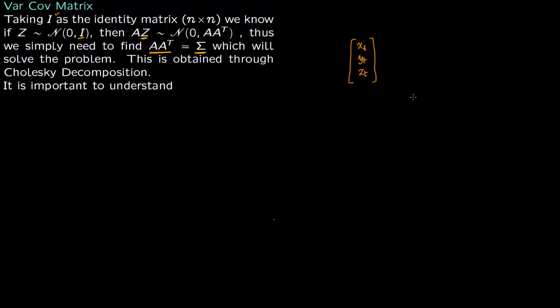So what I mean is, you take a normally distributed bunch of random variables, say 3 of them, x1, x2, x3, all from this distribution, and then you can multiply them with some matrix A, and this will give you correlated random variables which have the covariance matrix sigma.